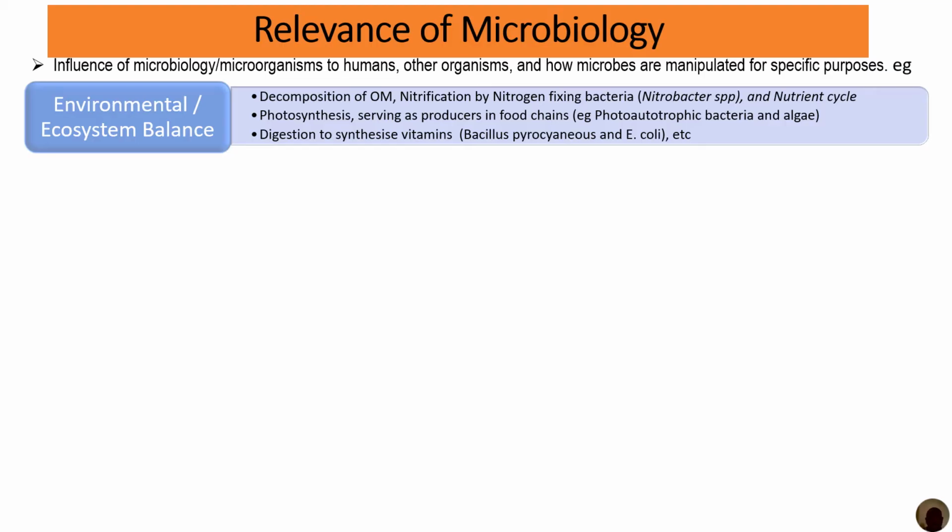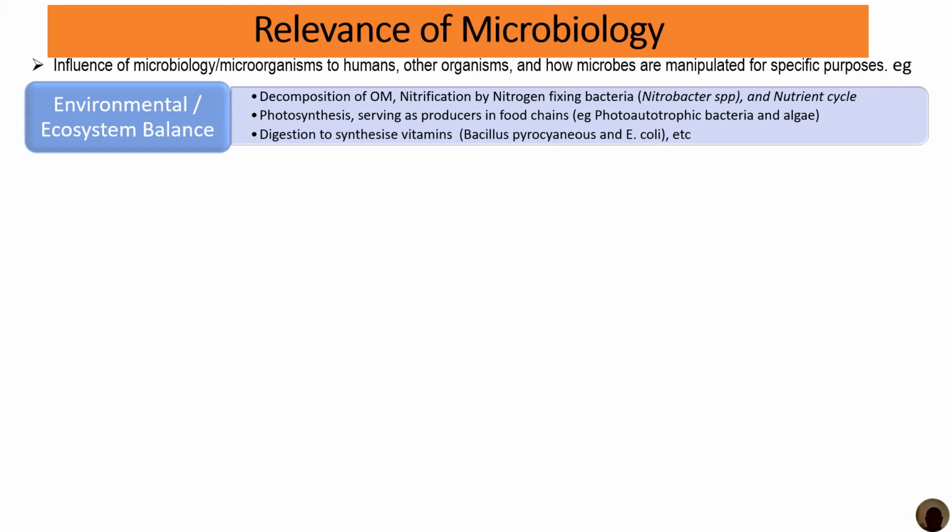Now, in addition to decomposition, microorganisms also carry out another important natural role, which is photosynthesis, where they serve as producers in most food chains. Examples of such microorganisms are the photoautotrophic bacteria and algae, both of which photosynthesize and serve as producers in most food chains, especially in aquatic environments.